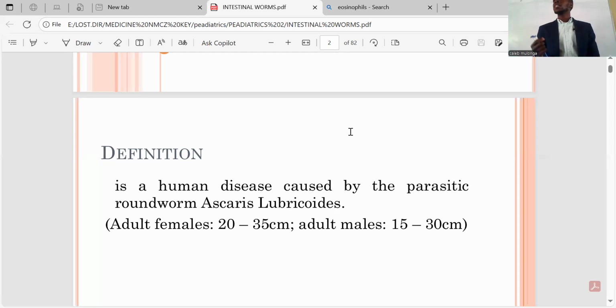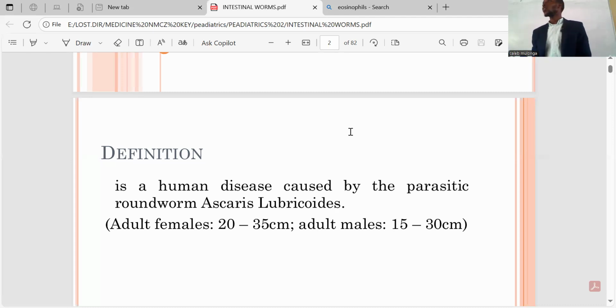In their migration, they also travel to the lungs: they penetrate the skin, go through the blood, enter the GIT, then go to the lungs, and then come back. That is the understanding that we obtained from hookworms.